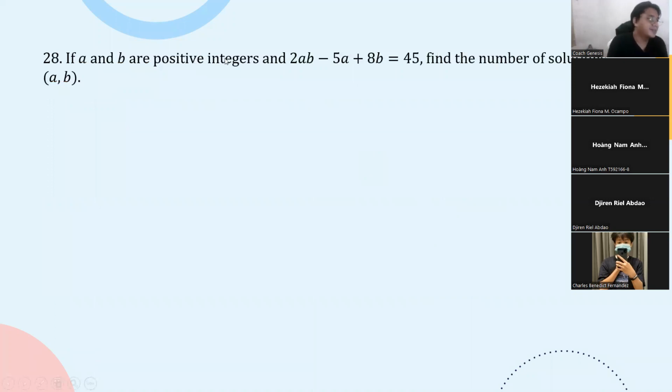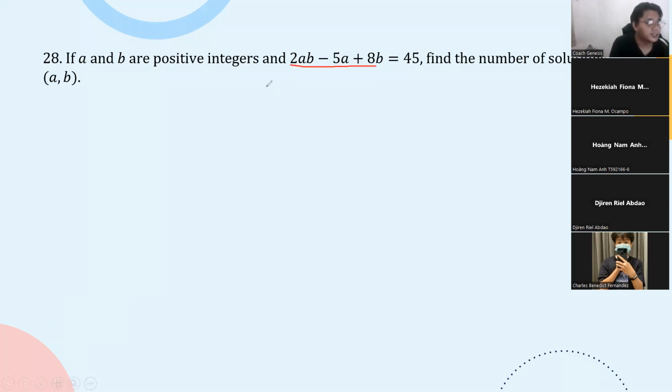If A and B are positive integers and 2AB minus 5A plus 8B is equal to 45, find the number of solutions for A and B. So in this case, our aim is to factor this one out. That way, we can assign values of factors later on.